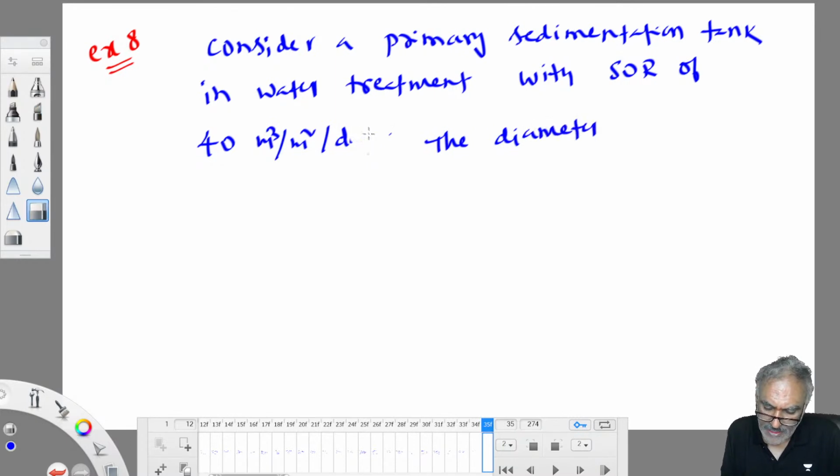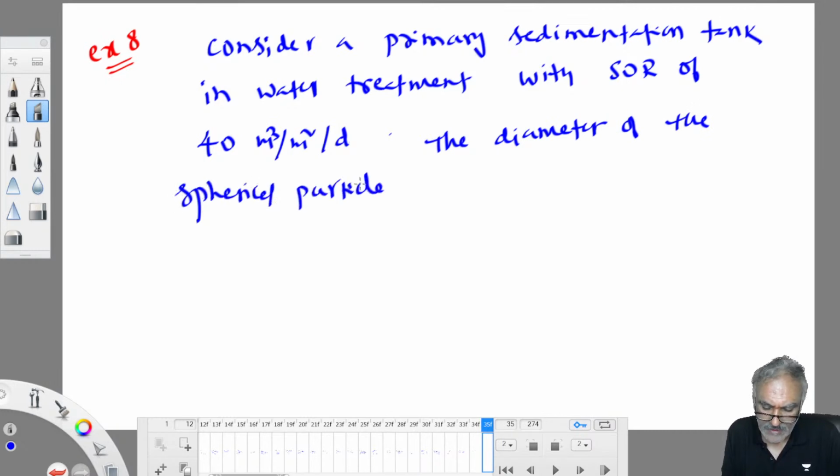D is given, D means day, S means second, H means hours. The diameter of the spherical particle which will have 90% theoretical efficiency.